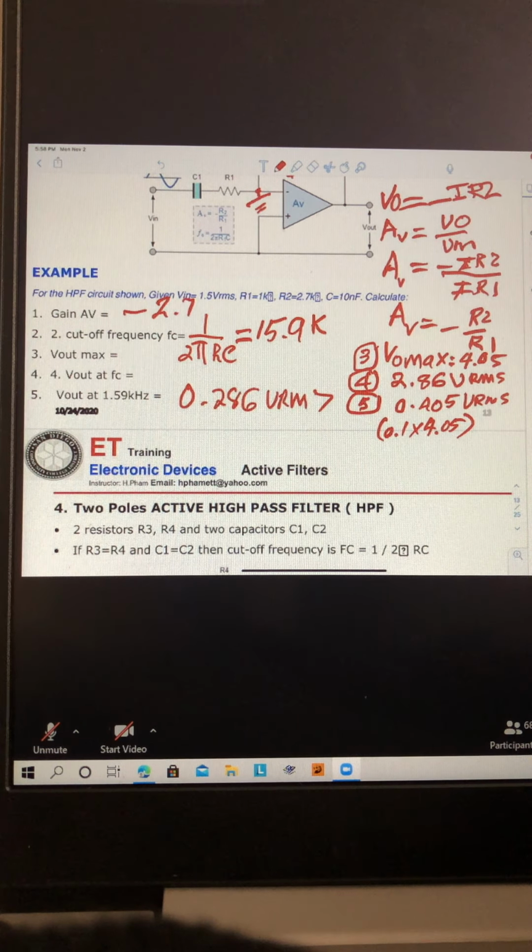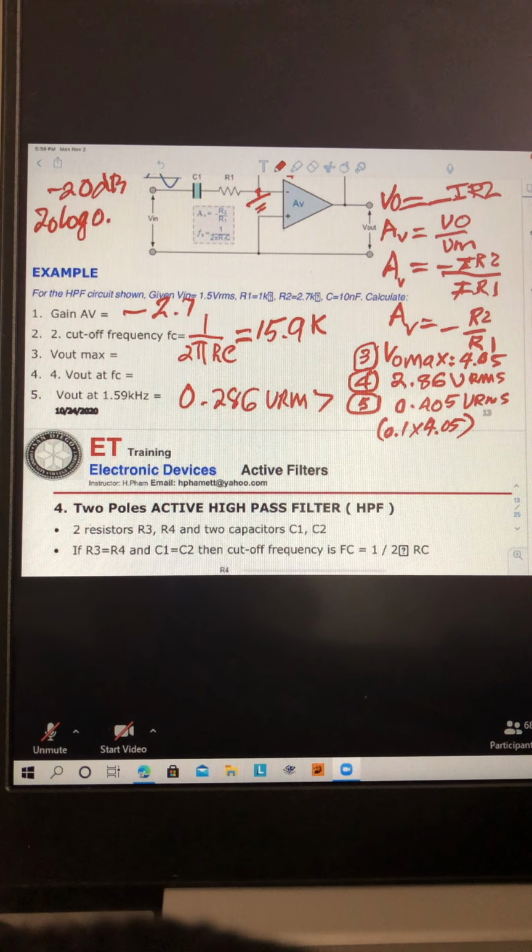Now, you understand that when it goes down 20 dB, that means minus 20 dB. You cannot do any calculation with that minus 20 dB. So you have to find out what number you get at minus 20 dB. That means you take 20 log of 0.1, which will be minus 20. So you have to multiply by 0.1.